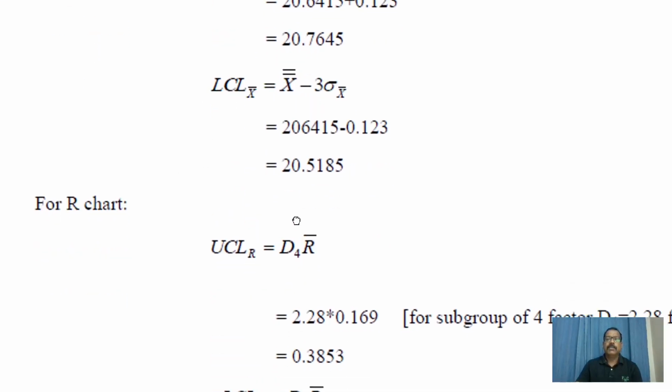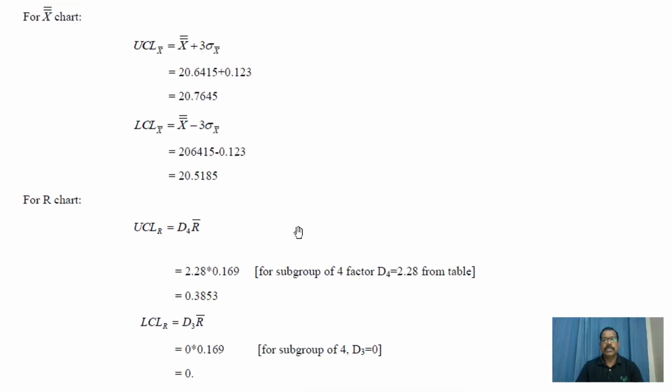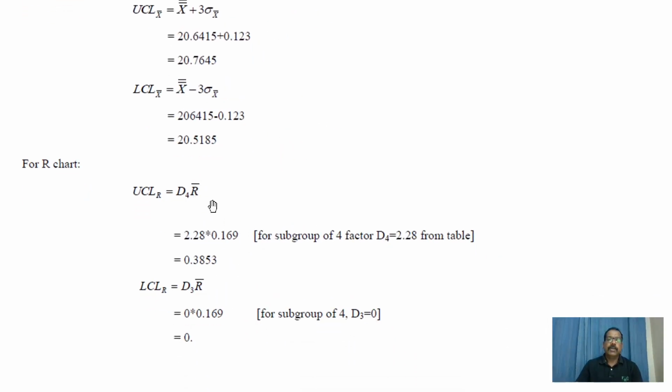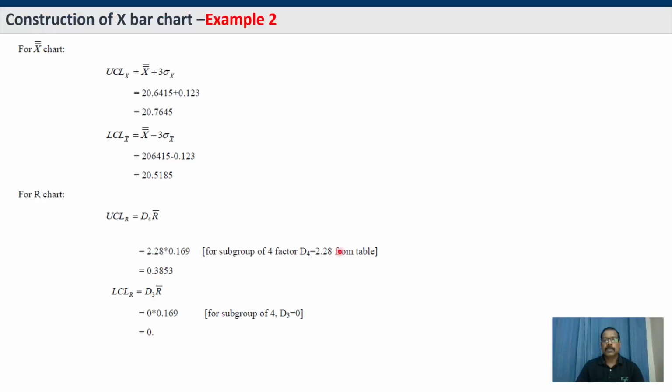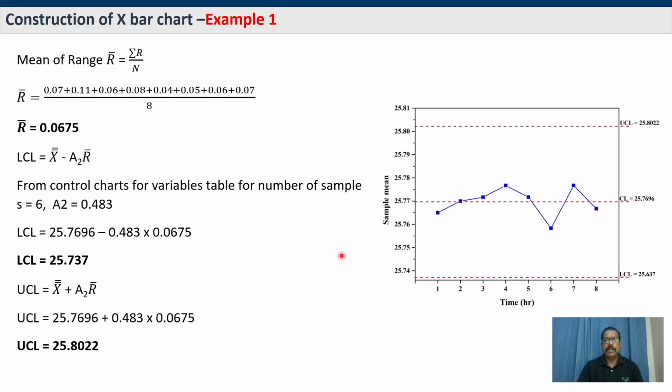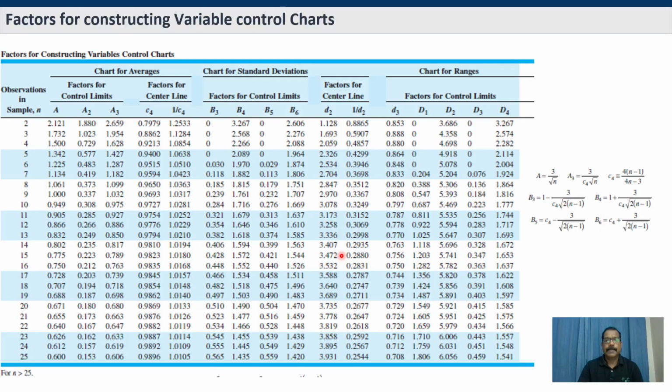Similarly, for the r bar chart we can calculate easily. R bar value we know, D4 and D3 we can refer from the table with the subgroup size of 4. From the table, D3 and D4 for sample size 4 are 0 and 2.282.